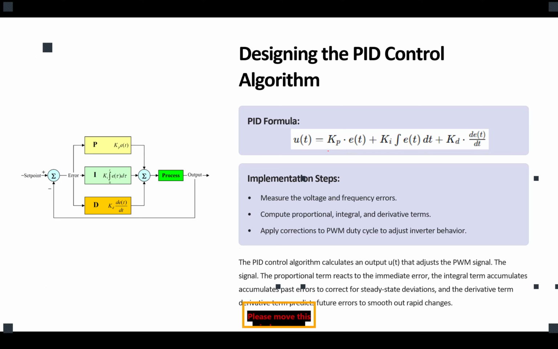PID stands for proportional, integral, differential. So it has three terms to process the error signal that we calculated. Are we good? So we have an error signal, and the PID processes that error signal to create a new output.